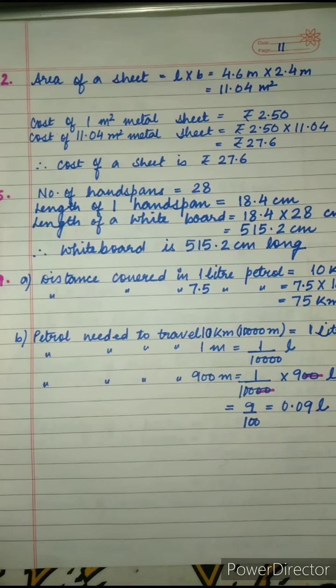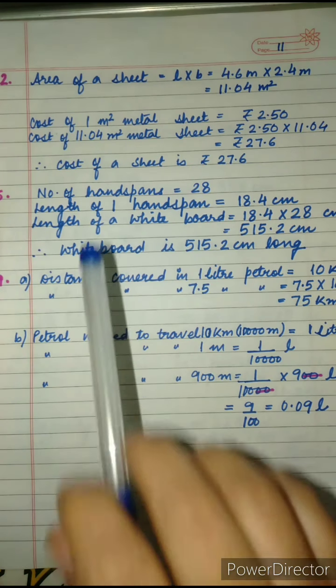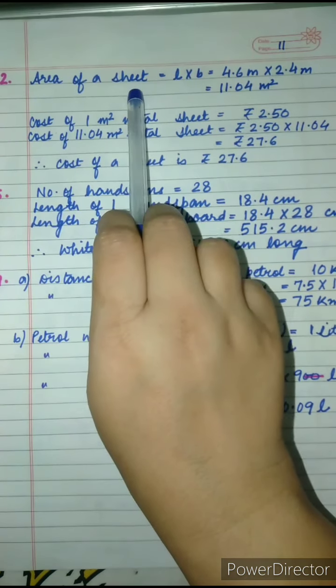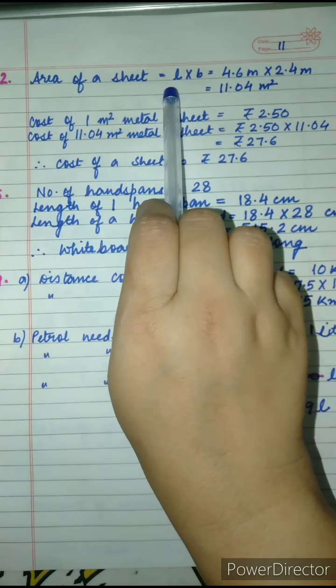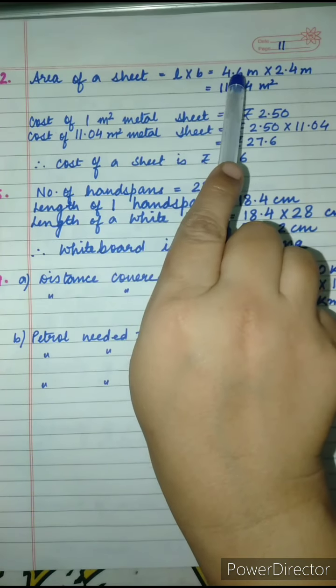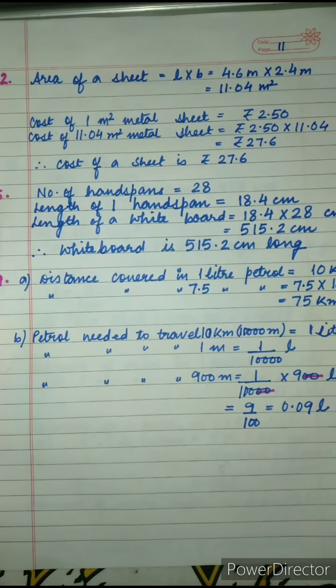Now question number 2. In question number 2, we are given the length and breadth of a rectangular metal sheet is 4.6 meters and 2.4 meters respectively. So first we are going to find the area of the rectangular sheet. Since the sheet is in rectangular shape, the area will be length into breadth. So 4.6 into 2.4 meters, that will give you 11.04 meter square.